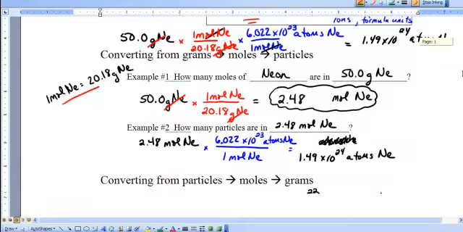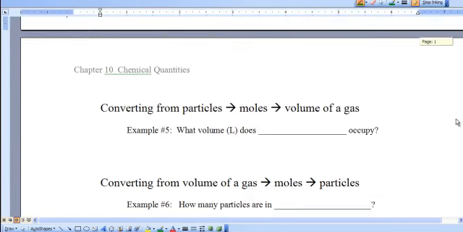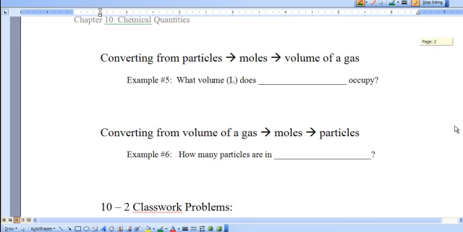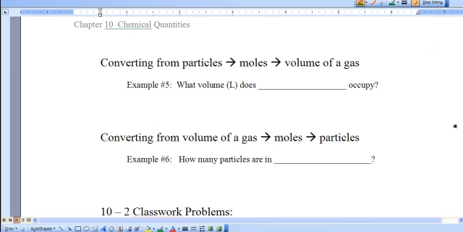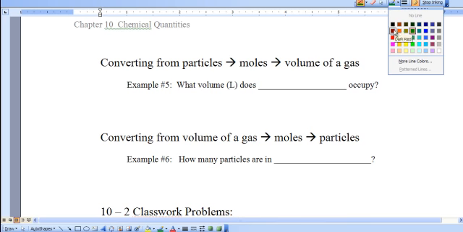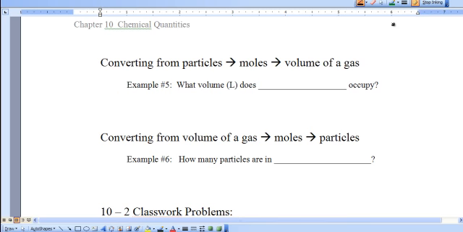Let's go ahead and scroll all the way back down to example number 5, where we're going to be converting between particles, moles, and the volume of a gas. So here's our question. What volume in liters does, say, 1.5 times 10 to the 23rd molecules of hydrogen gas occupy? Alright, so we're going to be dealing with H2. So again, you're going to be starting with whatever is given.